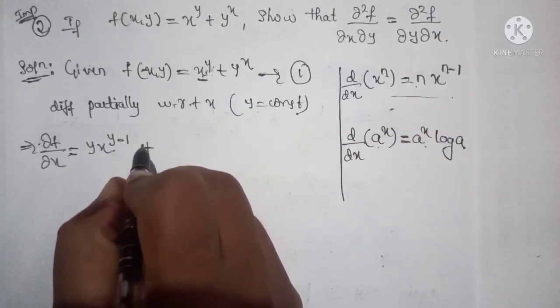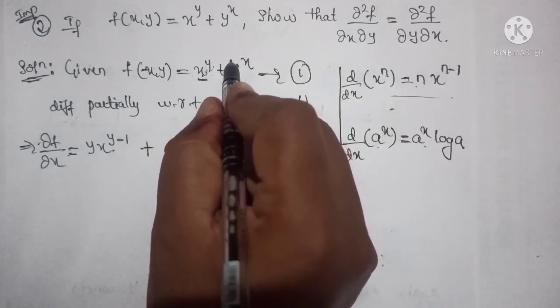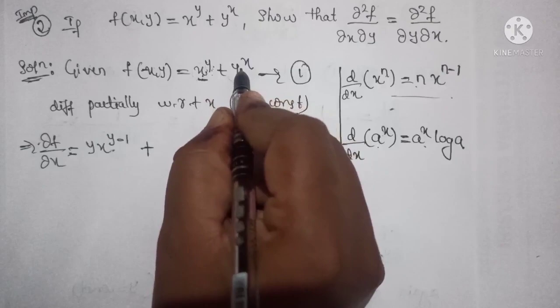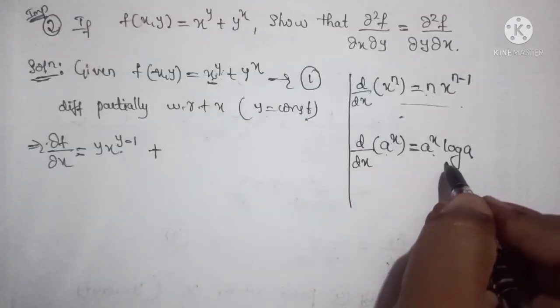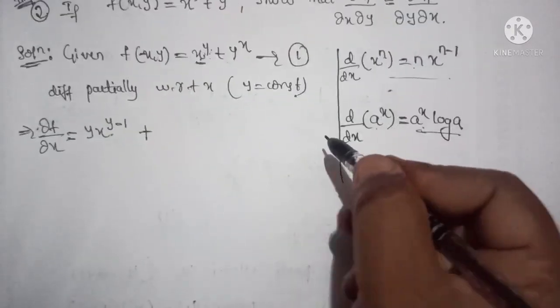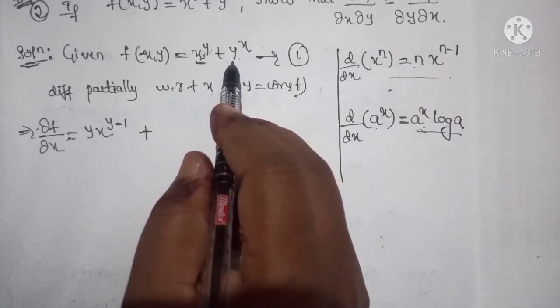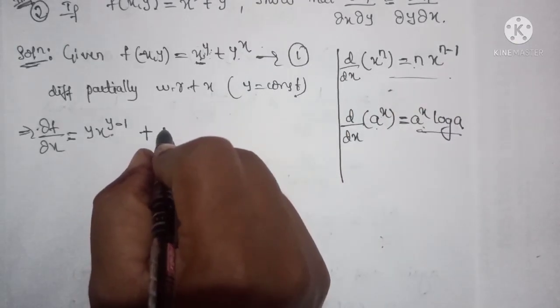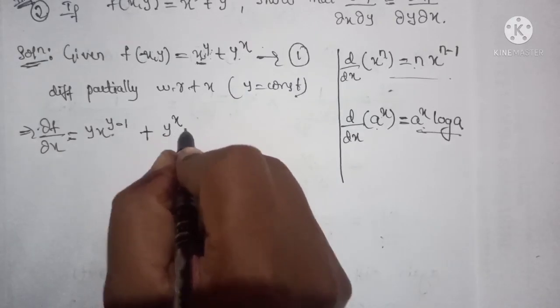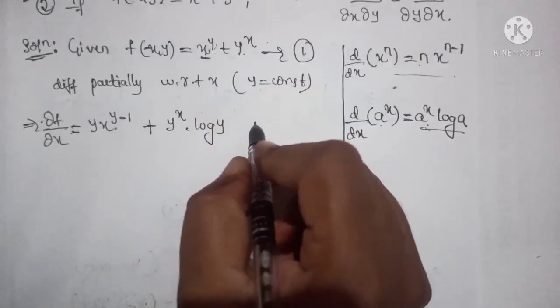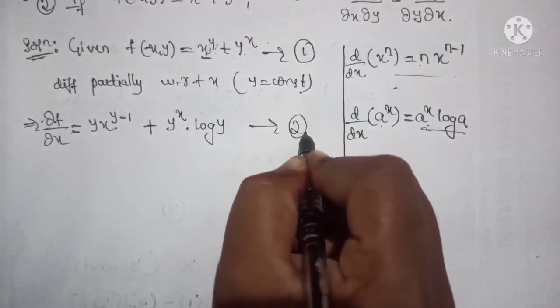For the next term, the base is constant but the power is a function, therefore we apply this formula. It is in the form a raised to x, but instead of a we have y, so it is y raised to x into log y, that's it. Consider this as equation 2.